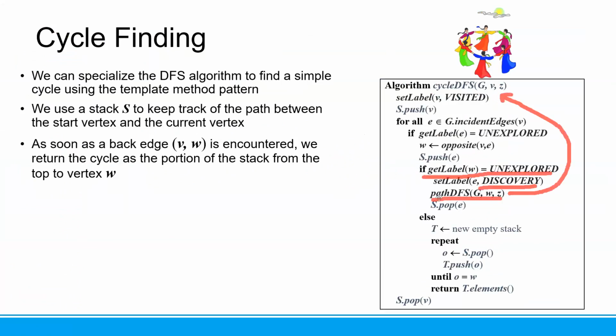Yeah, this is connection with the path. If it is already explored, then we will make a new empty stack. So this new empty stack, we will check this one until the element equals W. Then it means after we found that the vertex is already visited and all the edges already explored, then yeah, we will return this element.